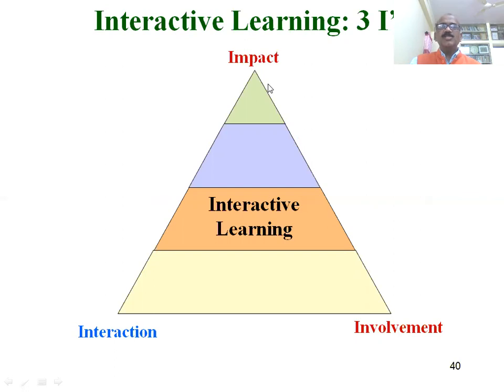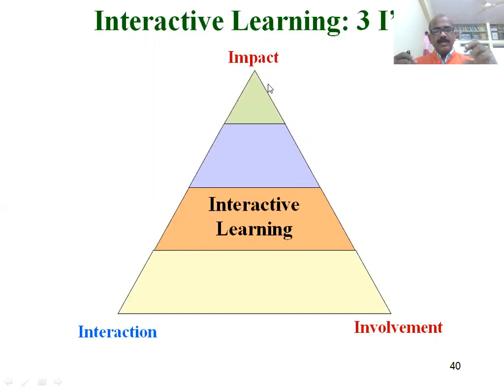In interactive teaching, there are 3 I's. First, impact, interaction, and involvement. And the combination of these 3 I's is there in interactive teaching and interactive learning.